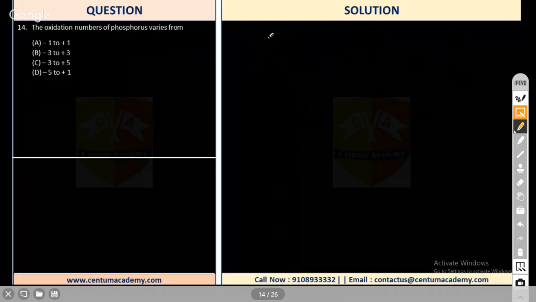Okay, so for phosphorus, we have to write down the outermost electronic configuration, which will be 3s2 3p3. The minimum oxidation number is possible when it accepts 3 electrons, and the maximum oxidation number is possible when it releases all electrons of the valence shell.